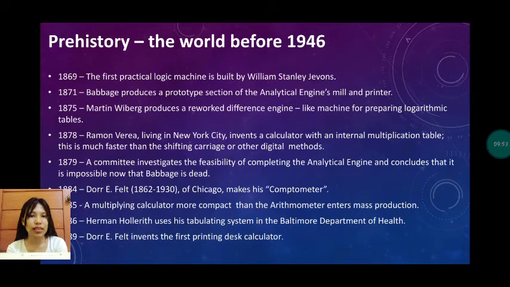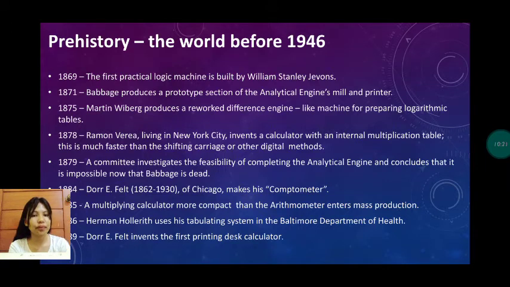This is much faster than the shifting carriage or other digital methods. In 1879, a committee investigates the feasibility of completing the analytical engine and concludes that it is impossible now that Babbage is dead.